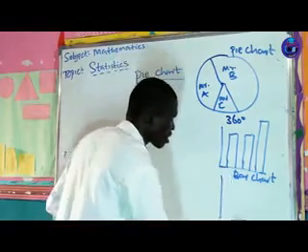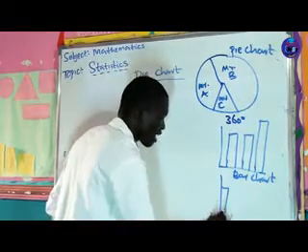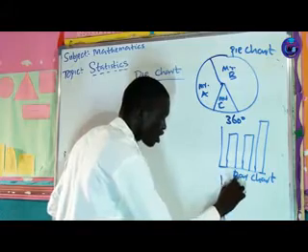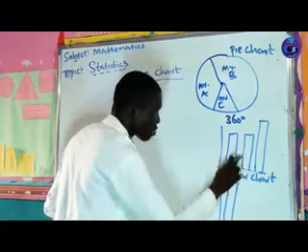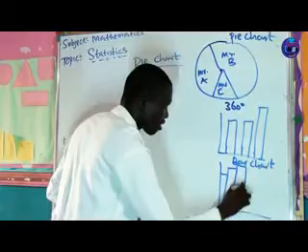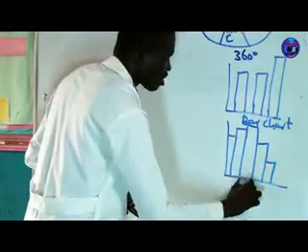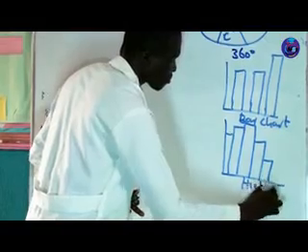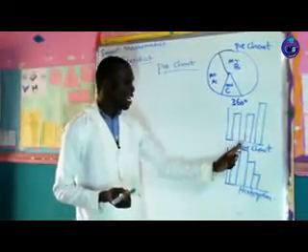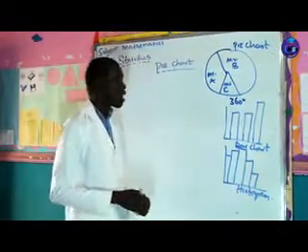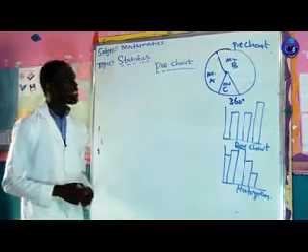Histogram is where you do something like this, each bar touches one another, there is no gap. So this is histogram. So don't get confused with this. This is pie chart, this is bar chart, and this is histogram. Now let's continue with pie chart.